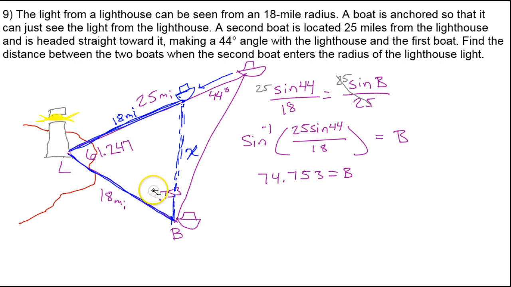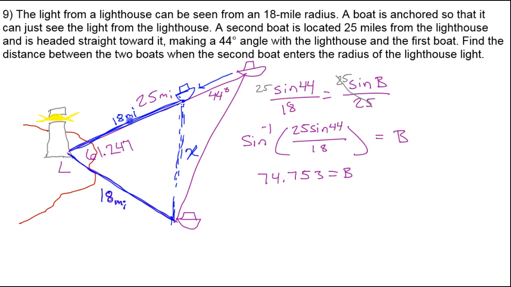To avoid confusion, I'm going to go ahead and erase angle B here, which is kind of in the way, because I don't want you to think that the angle I'm about to put in here is angle B anymore. Angle B was this wider angle in the purple triangle. But now we're focusing on this blue triangle. In fact, maybe I'll even make this 18 blue, so it all ties in together.